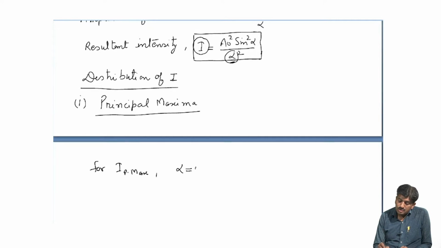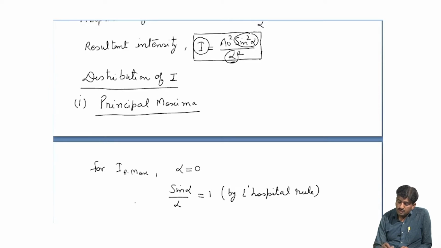alpha should be minimum, and the minimum value of alpha means 0. We know that if alpha is 0, then sin alpha becomes 0 and sin alpha upon alpha should be 1 by applying L'Hospital rule, as we know that the limit of sin alpha upon alpha as alpha tends to 0 is 1.